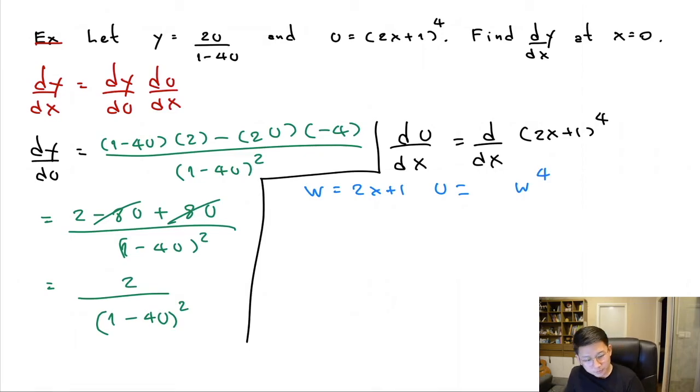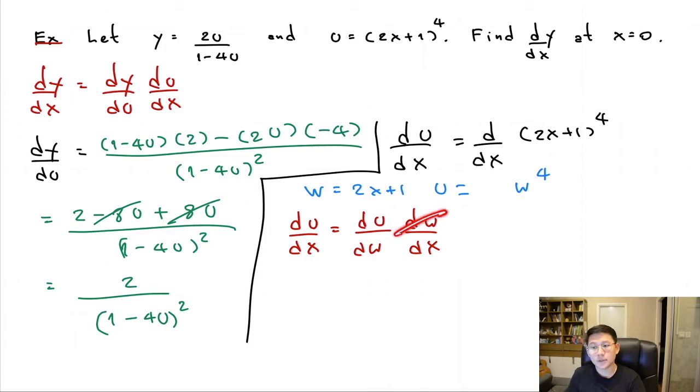So here what I have is du by dx is du by dw times dw by dx. Again, it looks like these got cancelled out, right? So you have du by dx. So du by dw, what is it?